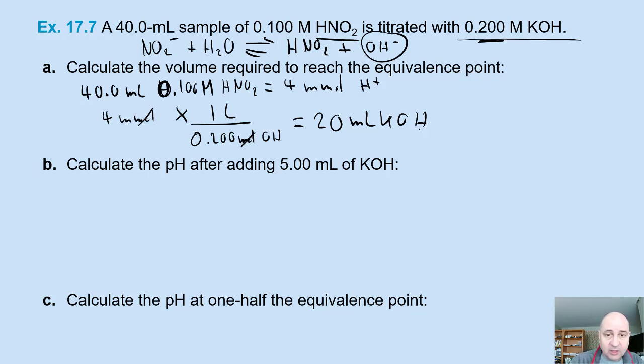Now they want us to calculate the pH after adding 5 milliliters of potassium hydroxide. So we already know that we have 4 millimoles of acid, and this is going to be depleted, going down by something, but whatever it is shifted by is going to produce the nitrite ion.